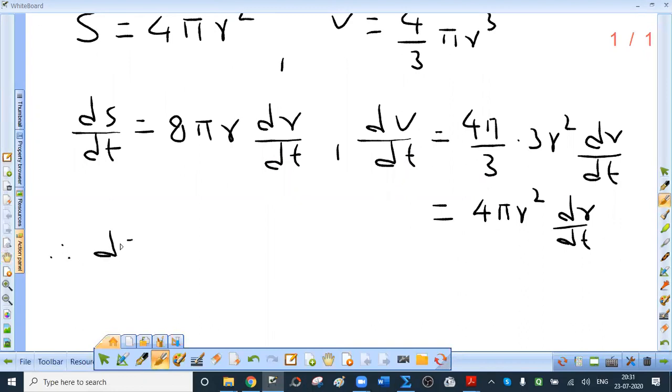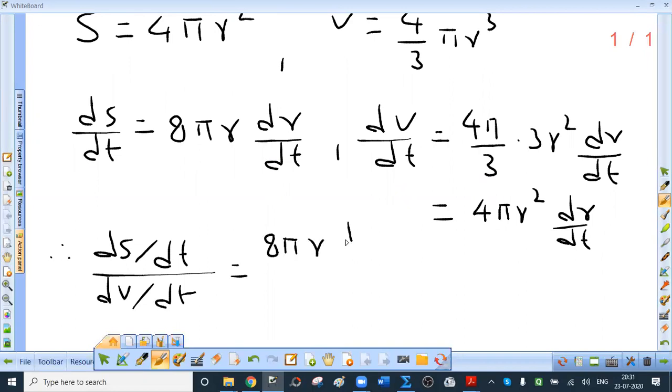Therefore, ds dt upon dv dt will be what? It will be, see, 8 pi r dr dt upon 4 pi r square dr dt.